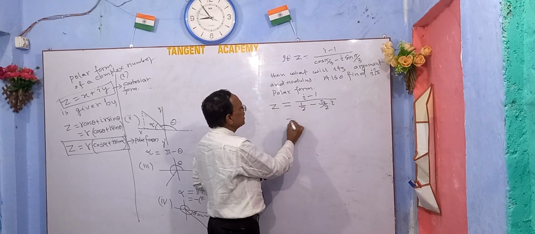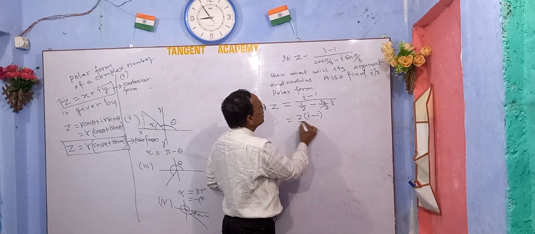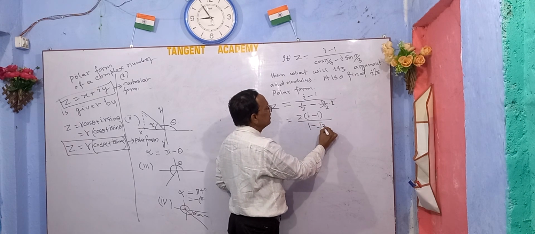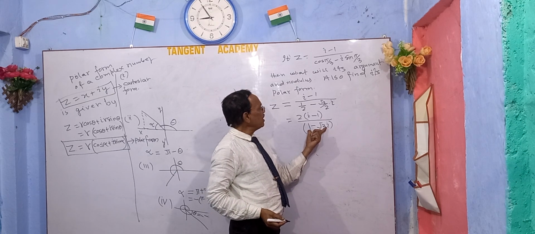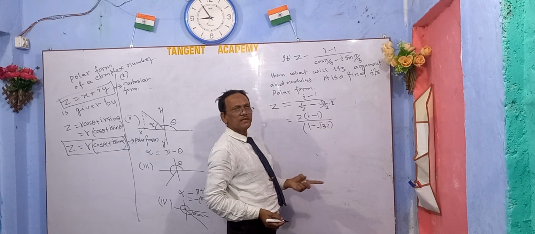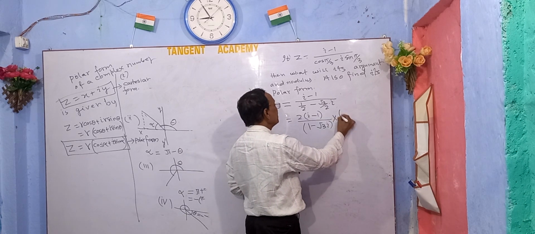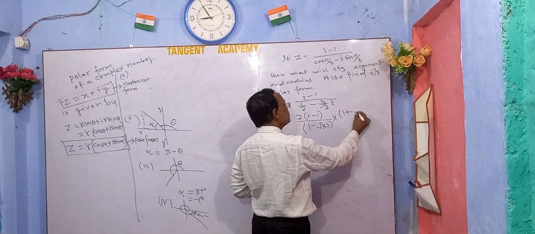After simplifying we get twice i minus 1 divided by 1 minus root 3 i. To rationalize the denominator, I will multiply and divide by its conjugate. The conjugate of 1 minus root 3i is 1 plus root 3i.